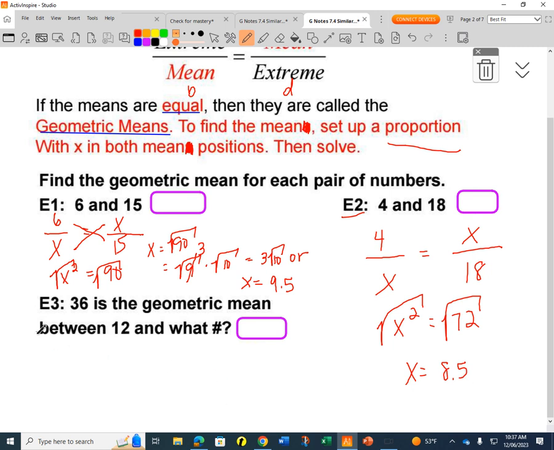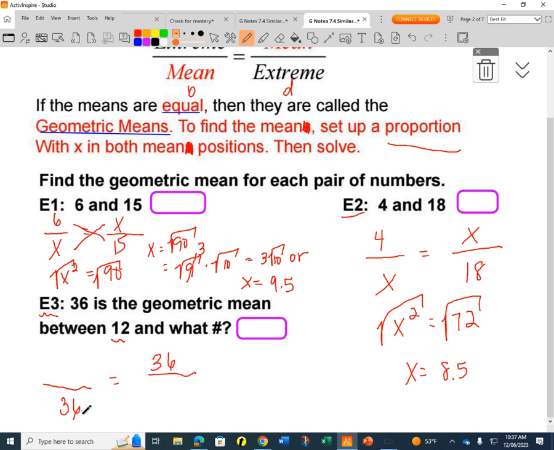Alright, so in example 3, they actually give us the geometric mean and one of the extremes and want us to find the other number. So if they tell us this is the geometric mean, then 36 goes in both the spots where the means go.